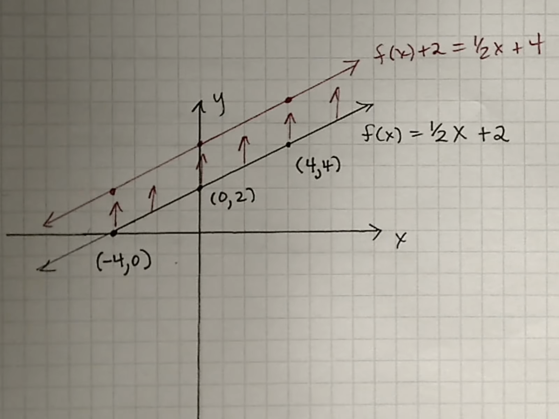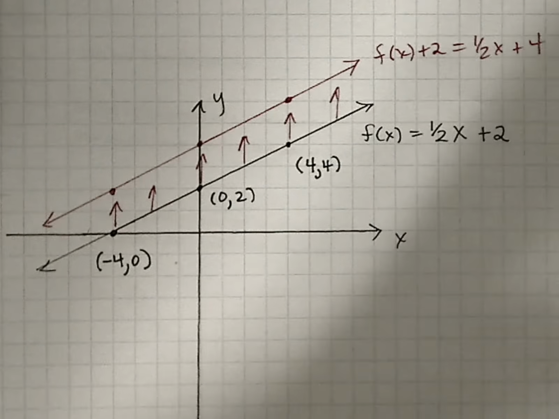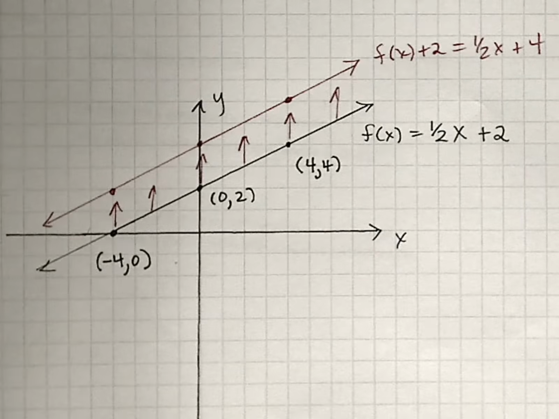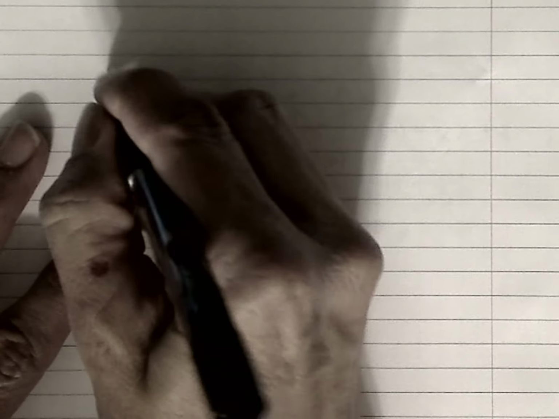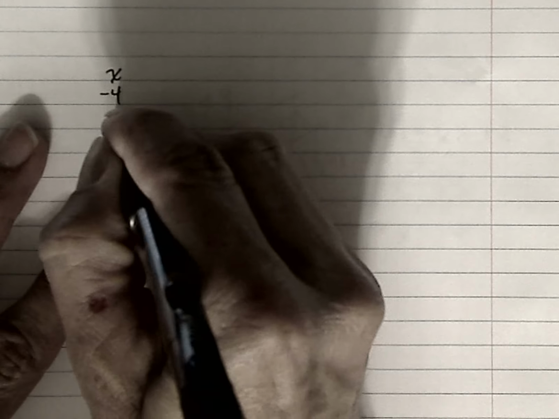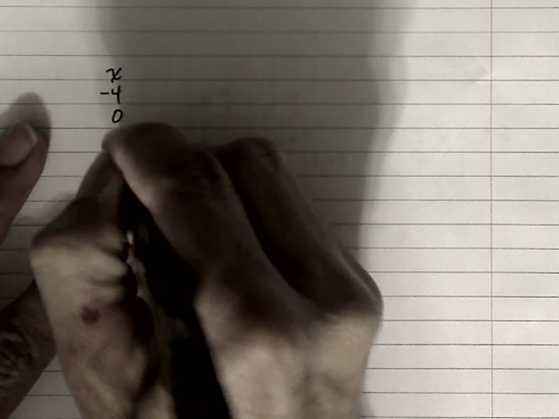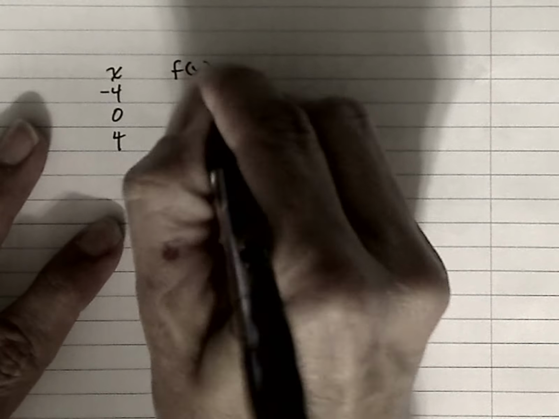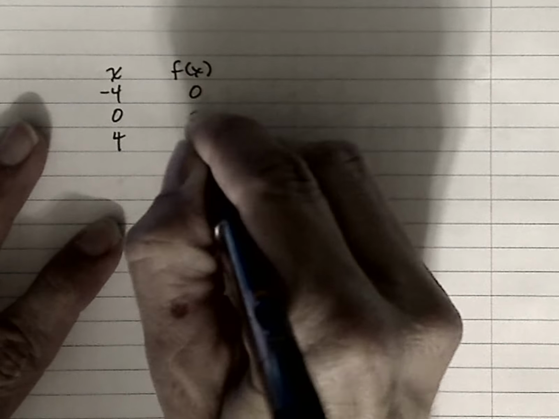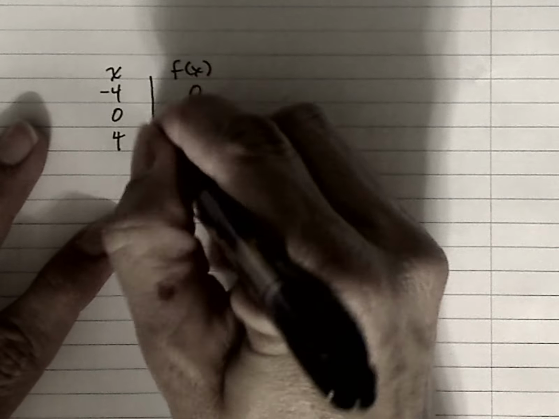Now what do you think will happen if we subtract 2 from all of our f of x values? Again, let's make our chart. So if we pick our original points again, negative 4, 0, and 4, our f of x values were 0, 2, and 4.